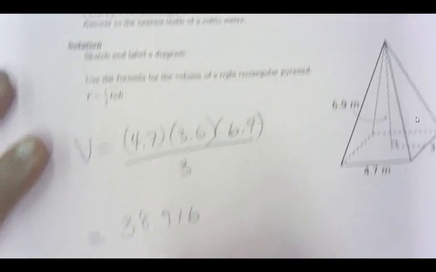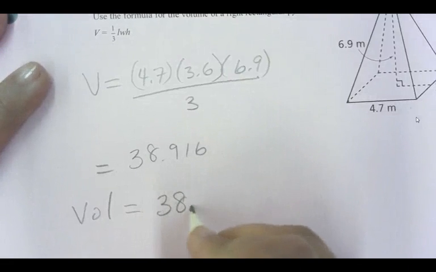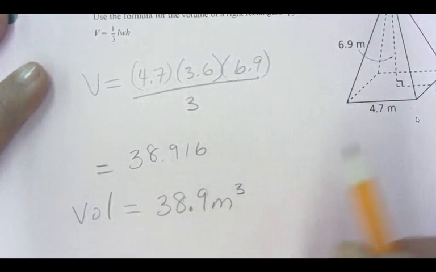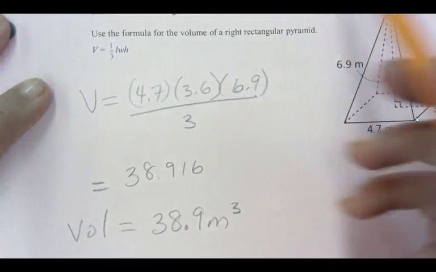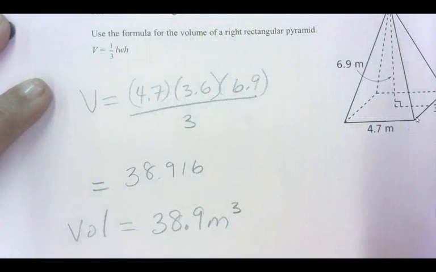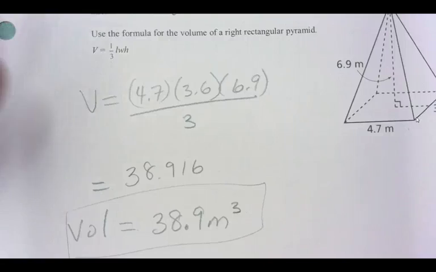So then our volume is equal to 38.9 meters cubed. And the question said 1/10 of a cubic centimeter. So I'm leaving 1 decimal place right here. Okay? Sorry, cubic meter. My apologies, cubic meter.